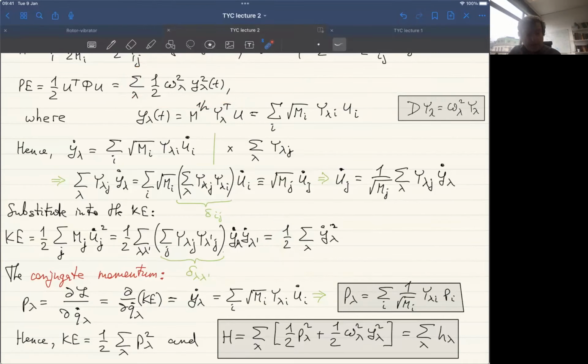But what we would like to do next is to assign to these velocities of the normal modes, lambda dot, momenta conjugate to the normal modes y lambda.